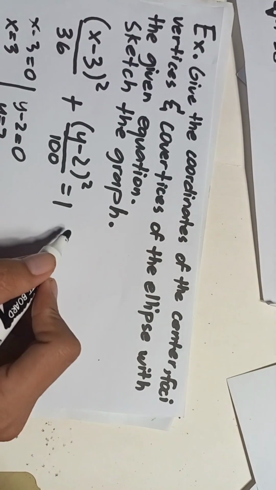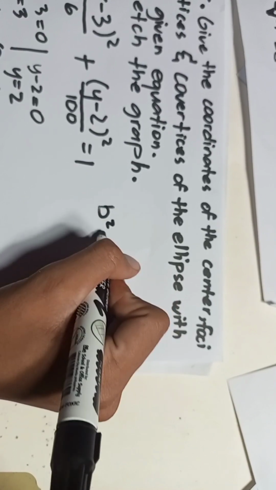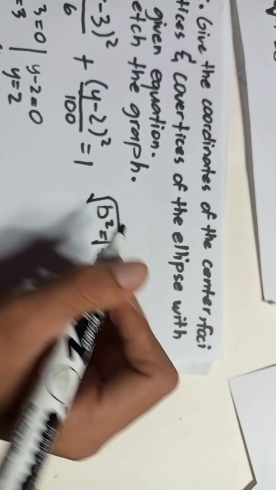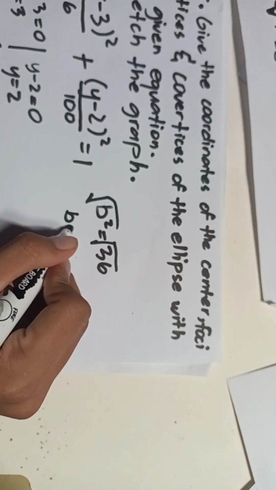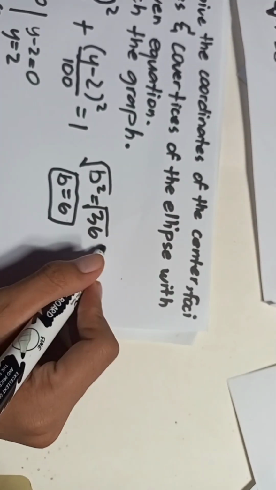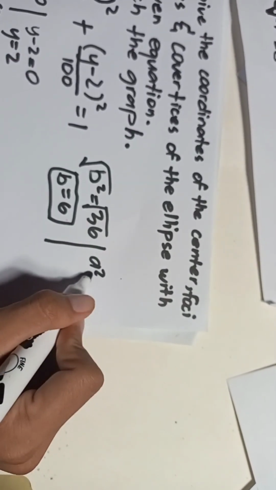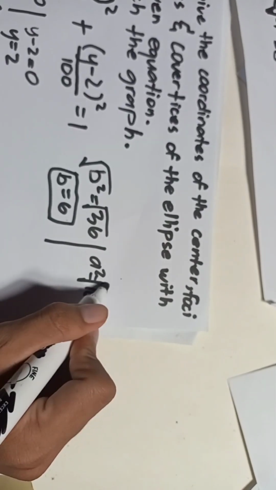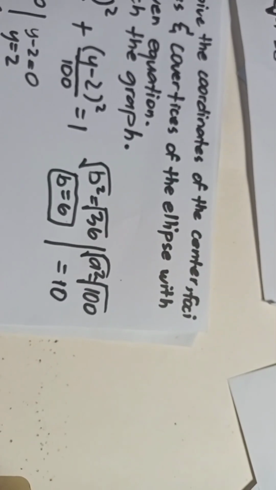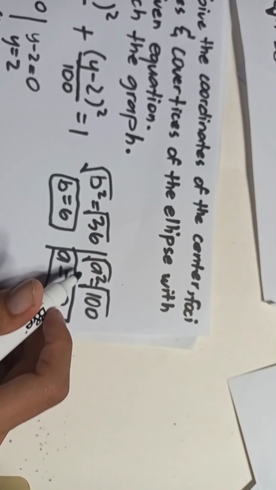First solve b squared is equal to 36, and get the square root, so b is equal to 6. Now we will get the a. Our a squared here is 100. Get the square root of 100, which is 10. That is our a.